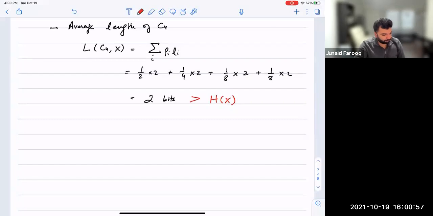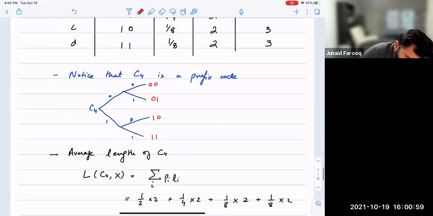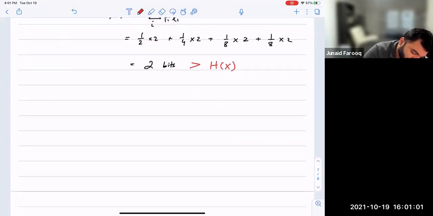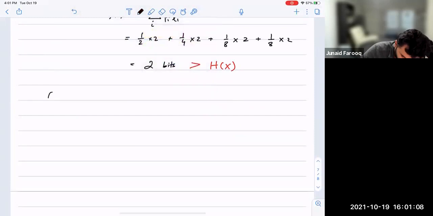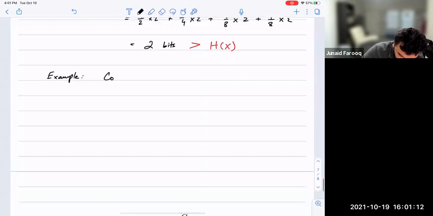Now, let's take another example to see if something less than the entropy can be achieved. So consider C5, another code.